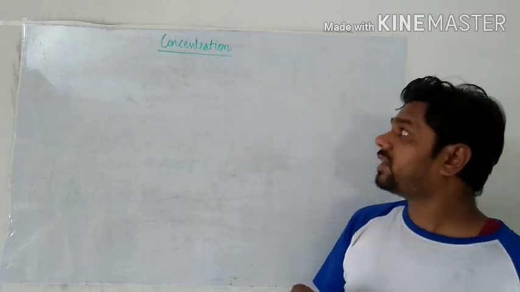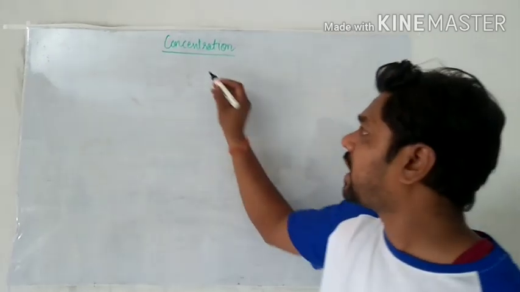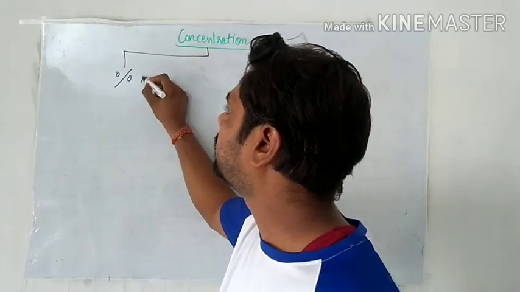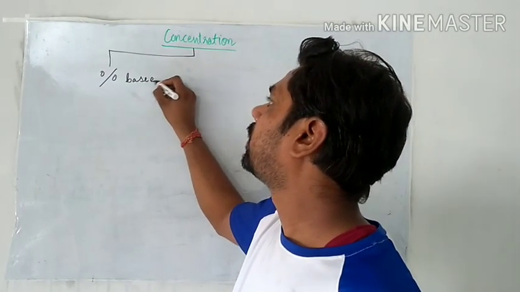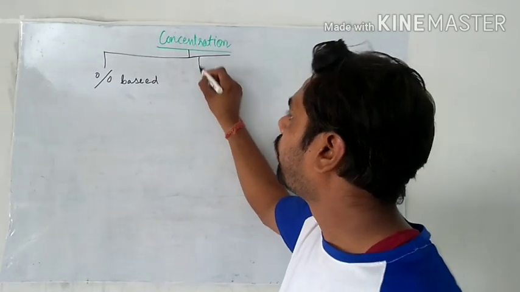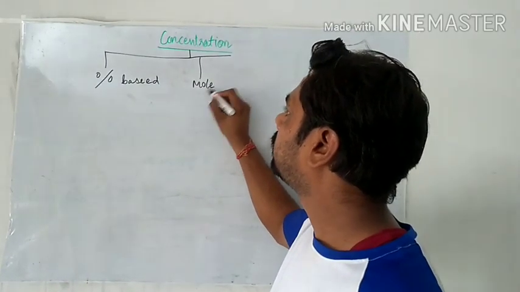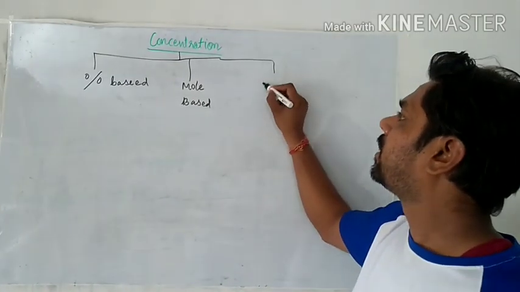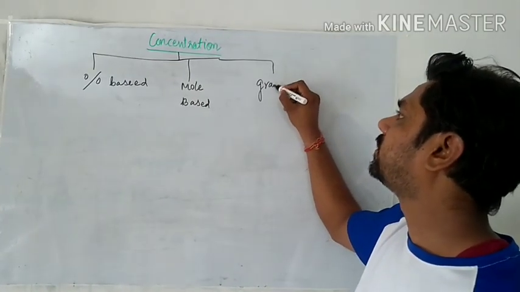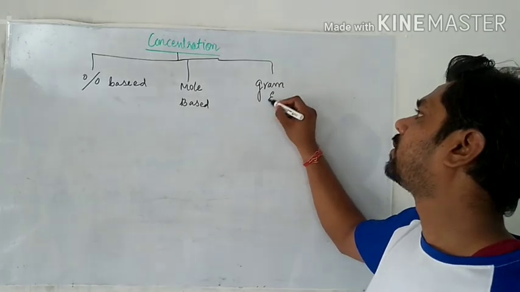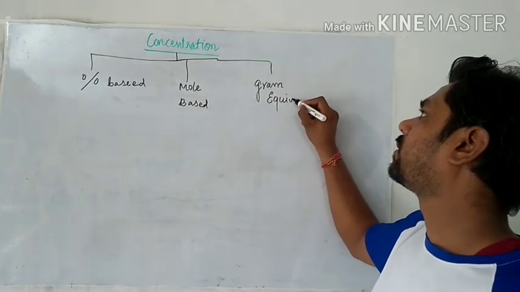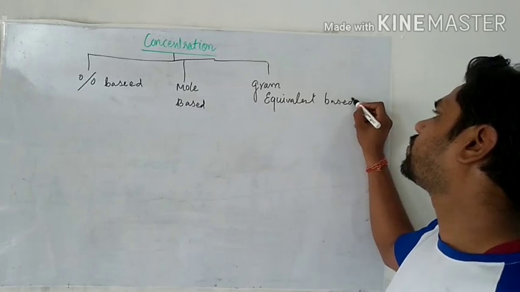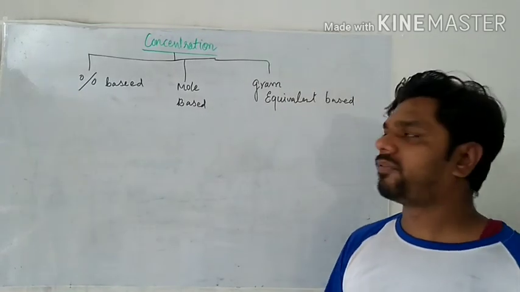So concentration has various types: it is percentage based, it is mole based, and it is gram equivalent based. These are the various ways to express the concentration of a solution.